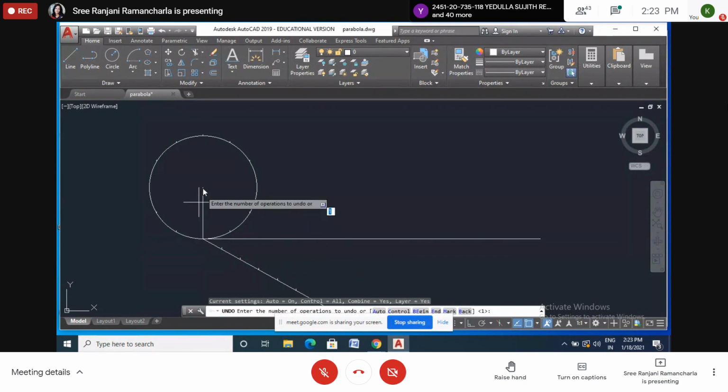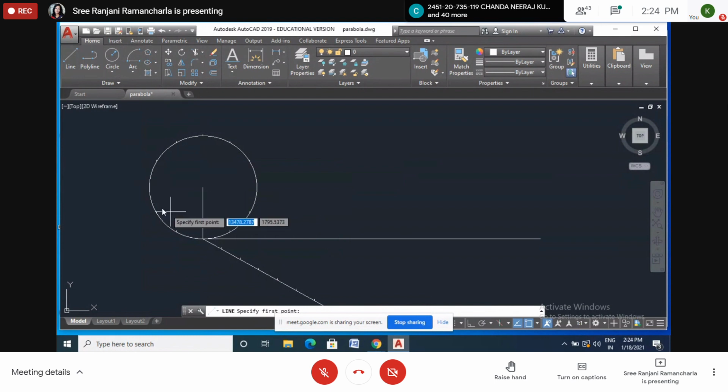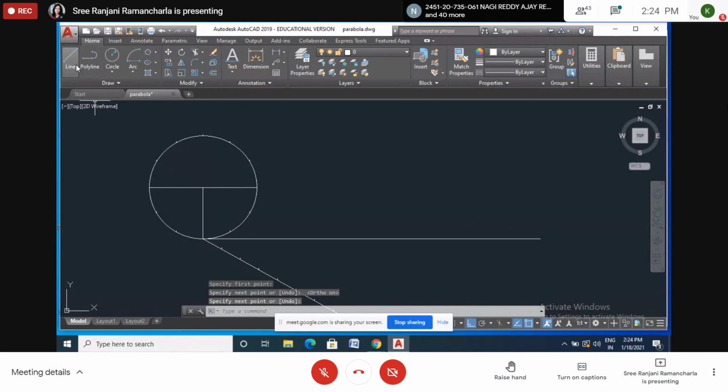Then here also you make it 12 parts by drawing 30 degrees. 12 parts like this. So you can do like this also, extend these lines.